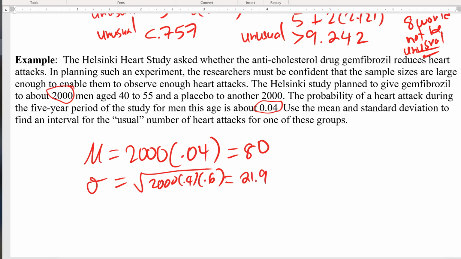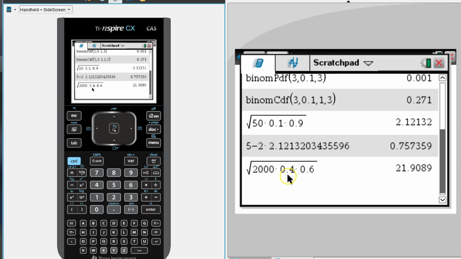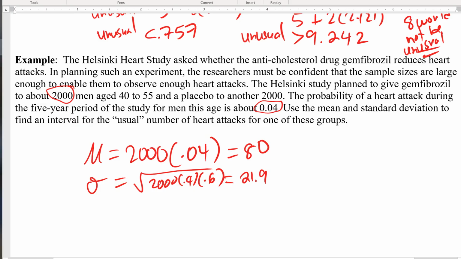Okay. So it seems off on that. Let me double check again. 2,000 times 0.4, I keep doing that, would be 800. That's why. Let me go back. What is it? 0.04. So it's 0.04. Hopefully you're screaming at your computer. 0.96. All right.